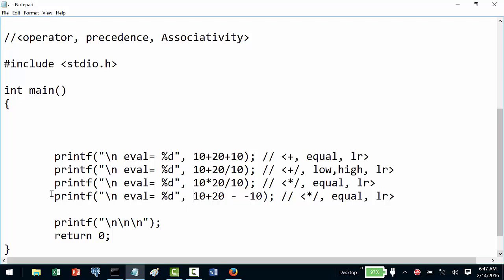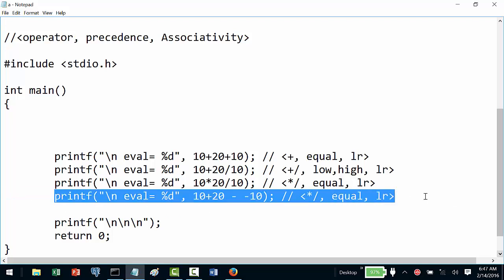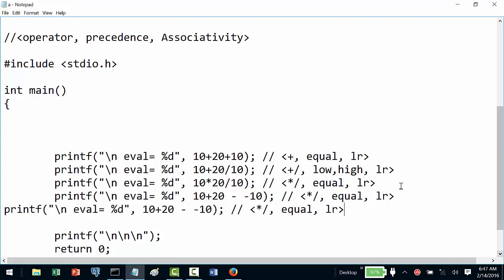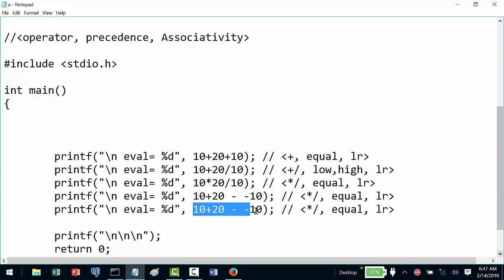So suppose let us take one more expression, for example. Now suppose I have an expression like 10 into 20 by 40 plus 30 into 9. Okay, something like that.